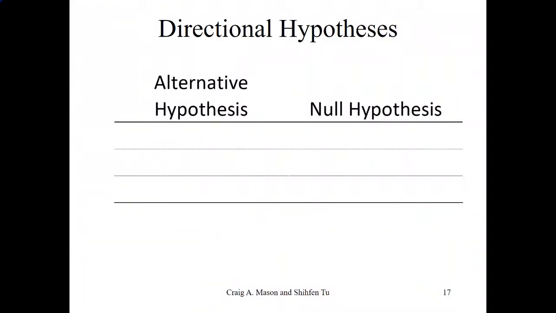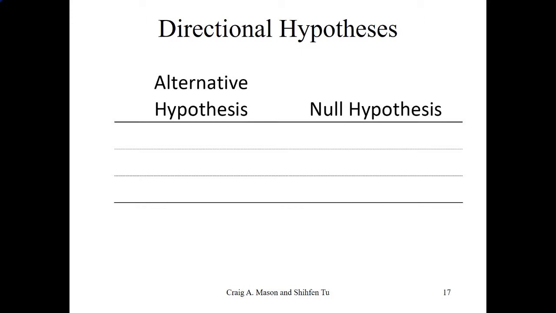Let's continue with our math intervention example and first consider a directional or one-tailed hypothesis. Again, for this example, we know the average math SAT score for all students in America is 500. With a directional hypothesis, we might propose that students who receive the new intervention will have a mean SAT score higher than 500.